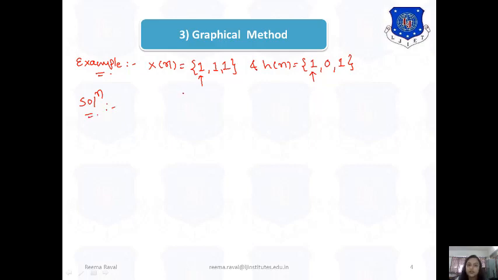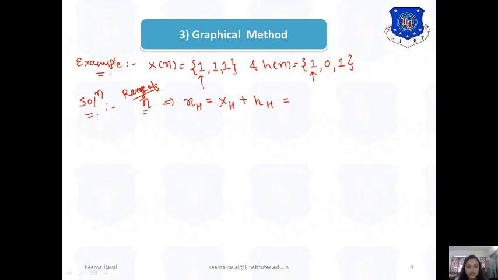First of all, to use the mathematical formula we need to define the range of n and the range of k. So first let's define the range of n. For that we need to define the higher range and lower range. For the higher range we need the higher value of x of n and the higher value of h of n.